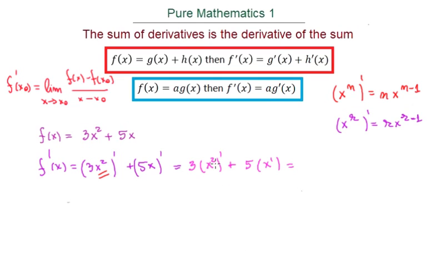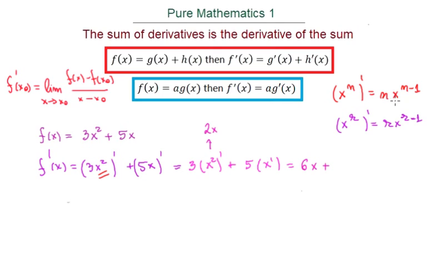If we differentiate x squared, we're using the formula x to the power of 2 differentiated will be 2 times x to the power of 2 minus 1, which is 2x. So then we have 3 times 2x, which is equal to 6x plus, and now we want to differentiate x. We can consider that x is to the power of 1.